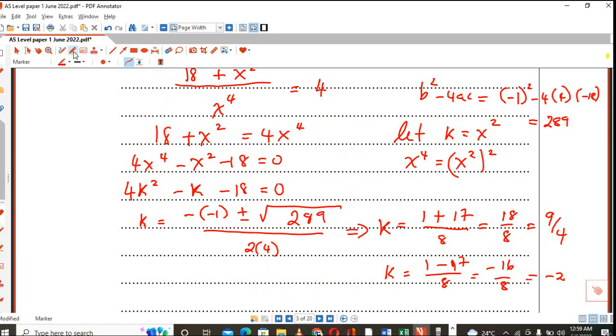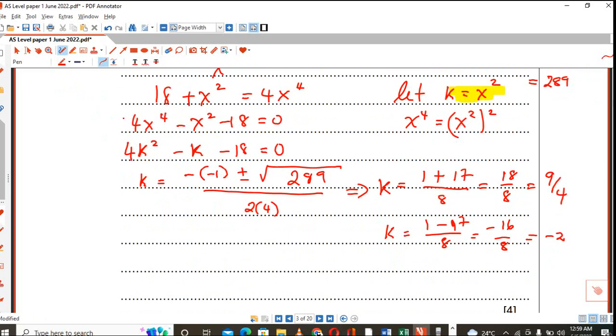But let's go back to what we did. We said let k equal x squared. So I'm going to replace my k's with x squared and work my way from there. So x squared equals 9 over 4, or x squared equals minus 2.